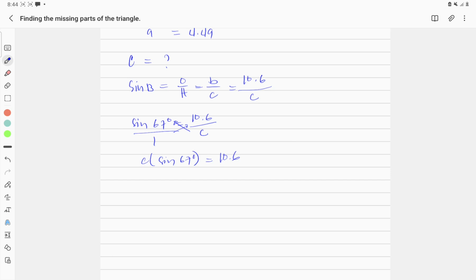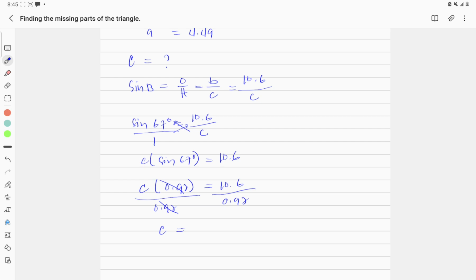Doing the cross multiplication, we have C times sine 67 degrees is equal to 10.6. Using our calculator, sine 67 is 0.92. So C times 0.92 is equal to 10.6. Dividing both sides of the equation by 0.92, C is equal to 10.6 divided by 0.92.